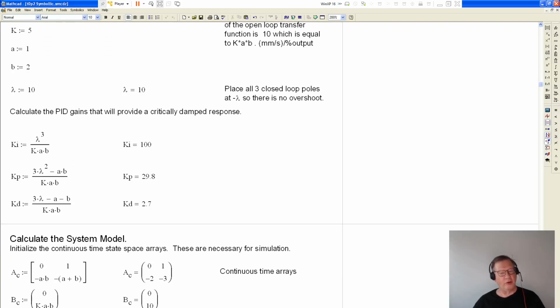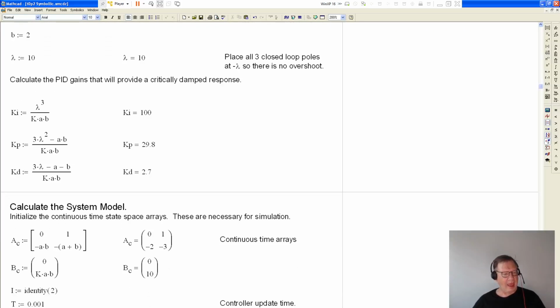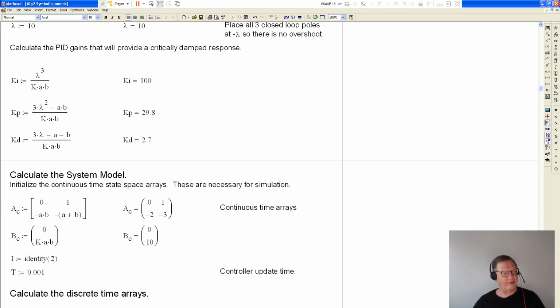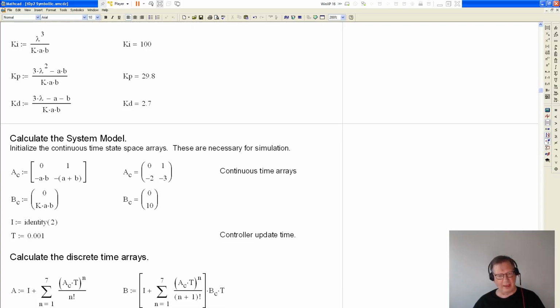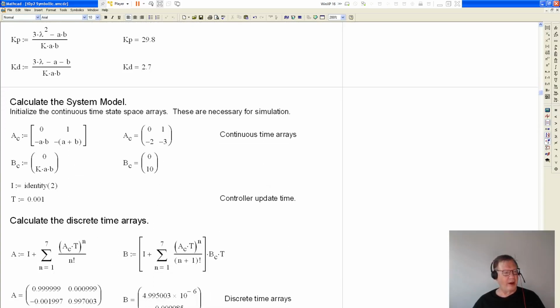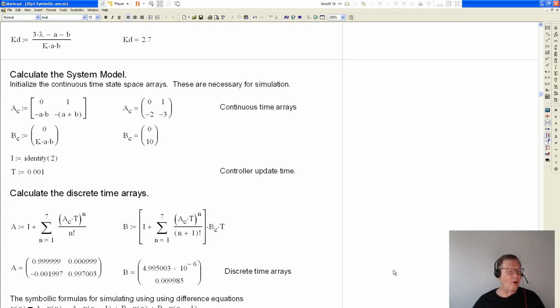So now we're going to do a simulation, and MathCAD does not have all this built in like MATLAB does, so I have to write my own simulation, but this shows how to set up the matrices. So I have minus a times b, and this is a two-dimensional array. This is minus a plus b.